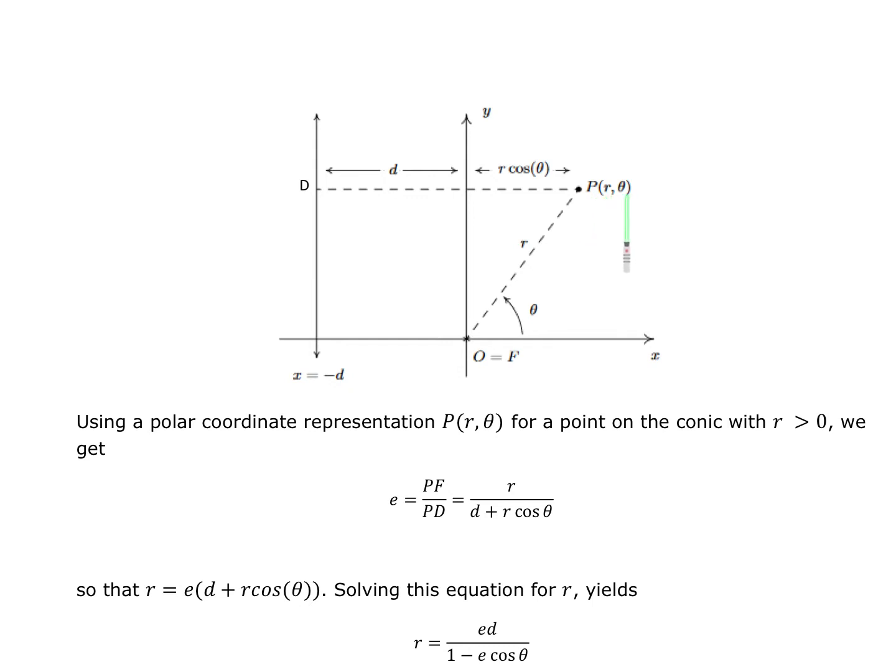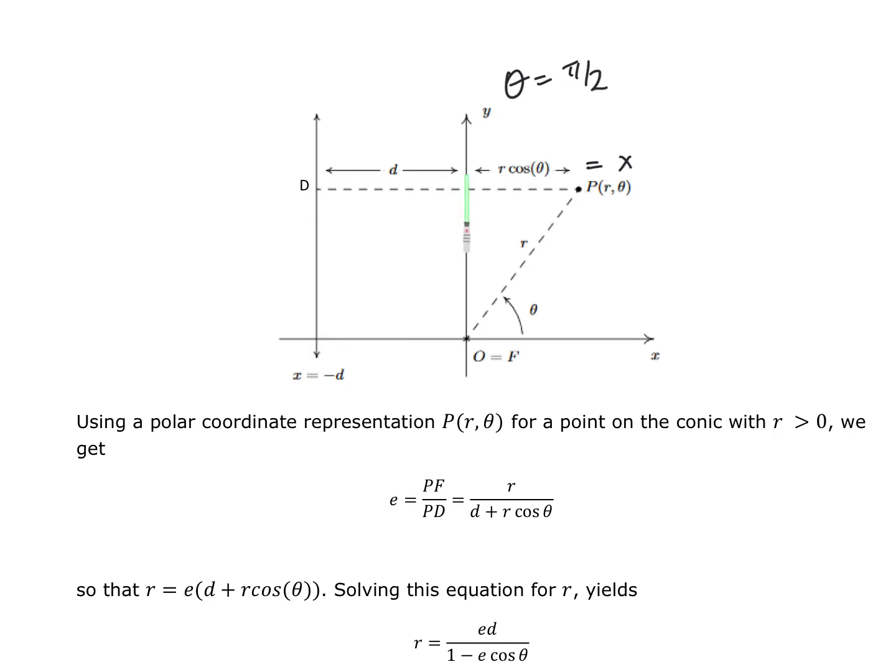Now the distance between this point and the y-axis, or theta equal to pi over 2 in the polar axis, we know is x if we're in the xy plane. And so that means x can be replaced with r cosine theta.